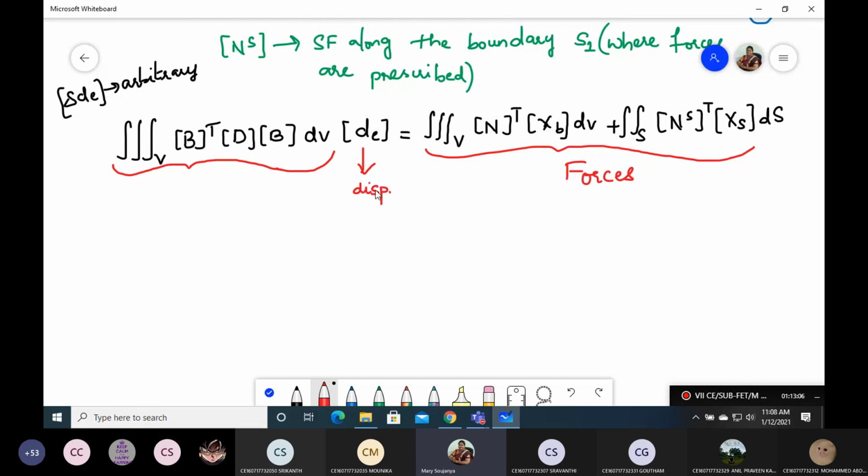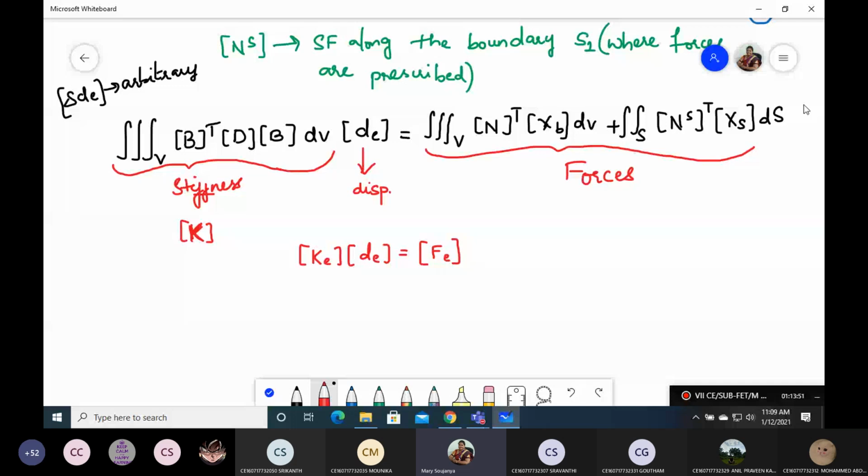When forces and displacements are related in this format, what we have is stiffness. What do we call this? K. How are force and displacement related? With respect to K. So K elemental stiffness into elemental displacement is equal to elemental forces.